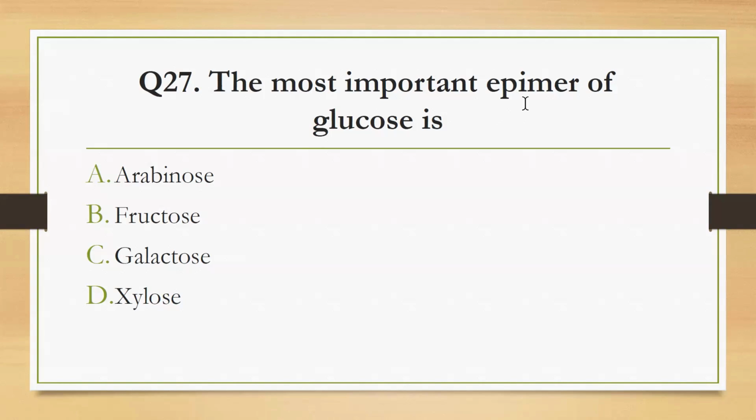You can have a situation where a molecule differs from another molecule by just a single orientation, the orientation or position of an OH group. So the best example of epimers is glucose and galactose. Therefore, the most important epimer of glucose is galactose.